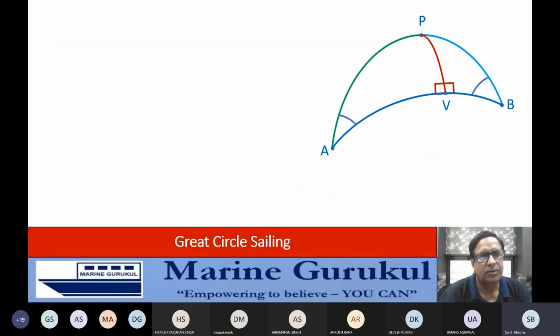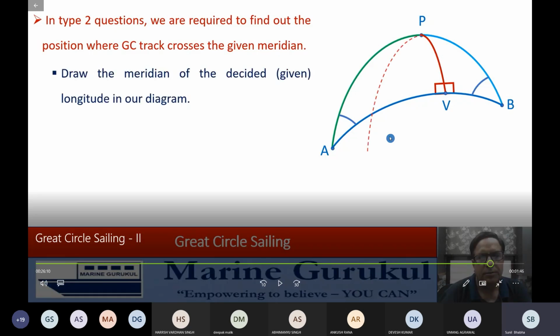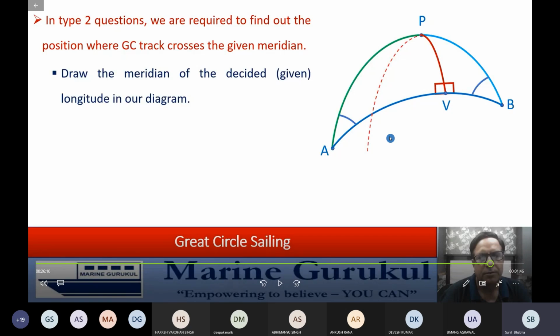In the second scenario, we could have the longitude of the waypoint pre-decided. So what we can do is draw the meridian of the waypoint. Now, beta, in the second type of problem, instead of giving you a parallel of latitude, they will give you a longitude or a meridian.